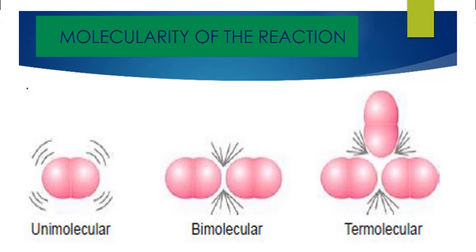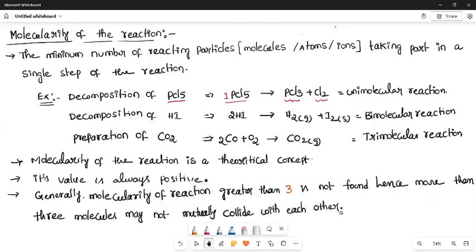So next, in chemical kinetics, our next part is the molecularity of the reaction. Molecularity of the reaction is nothing but how many molecules are taking part in the reaction, or how many reacting molecules. These reacting particles may be molecules, atoms, or ions.